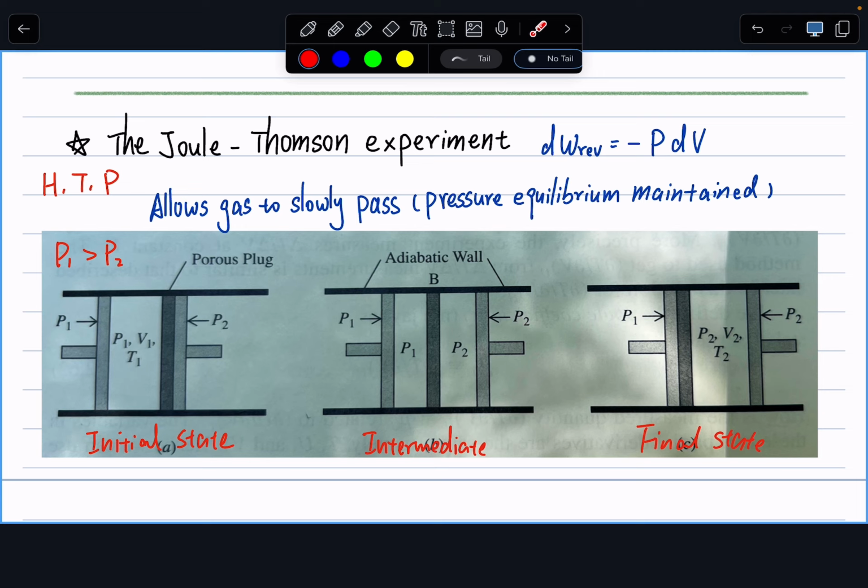And it's always nice to check our intuition. This should be a positive number because my piston, or my surrounding, is doing work on the gas. So this is a positive number, we have it correct. And then we have our work on the right. Right, so my gas is doing work on the piston.